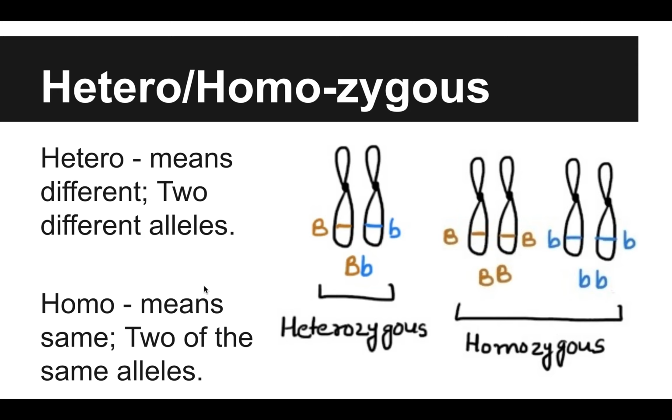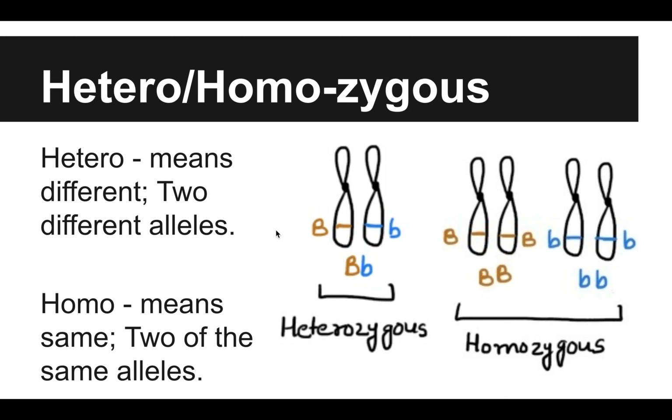The next 2 vocabulary terms are homozygous and heterozygous. So hetero means different. So here we have 2 different alleles. Remember, alleles are the specific characteristic. So let's say our gene is eye color.